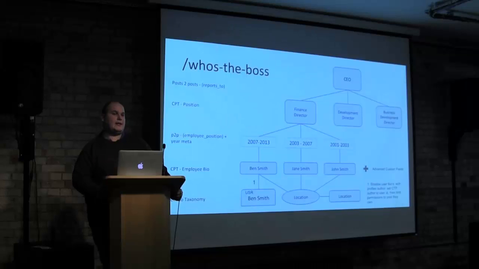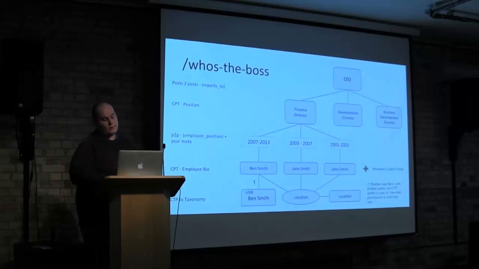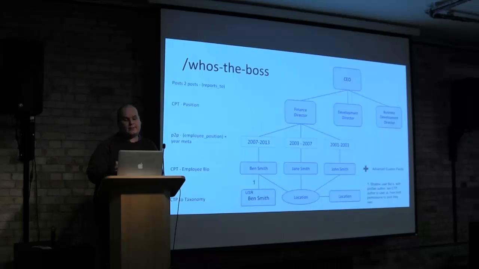And then under that, we can then say, okay, Ben Smith, Jane Smith and John Smith served as finance directors. And then what we can also do with that relation is then implement relation metadata. So we can say, okay, this person served at this position between this time. You can also extend that and say, okay, this person served at this position during this time, and then you could have a rating on the position relation.